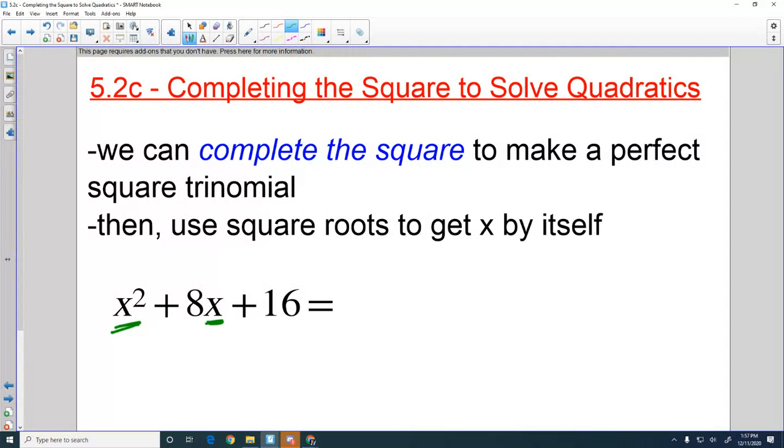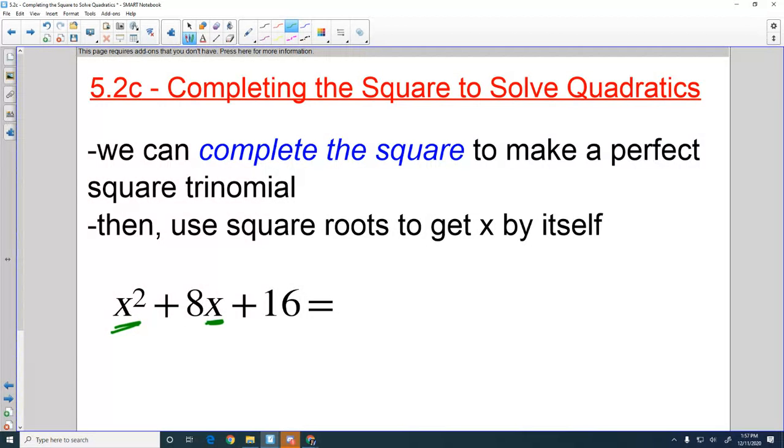What we're going to do is change this form essentially into vertex form. When you complete the square, you get a single x instead of two different x's, which is great, because then I can use basic algebra to cancel everything else out to get the x all by itself.